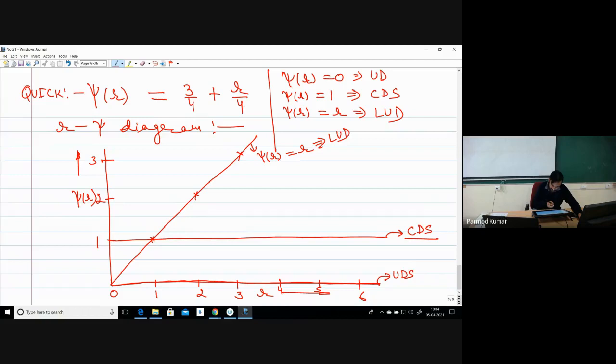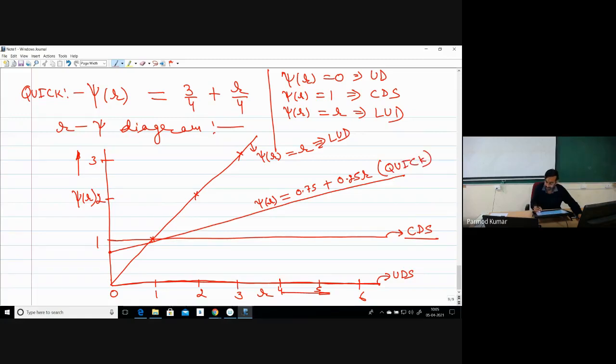So 3 by 4 will be 0.75. So when R is equal to 0, this line will start from 0.75 and this line will move something like this. Okay, so let me write this as expression for psi R equal to 0.75 plus 0.25 into R, and this particular expression is actually applicable for our QUICK scheme.